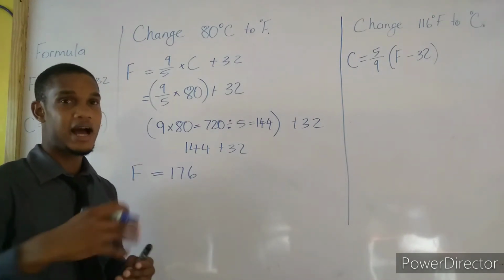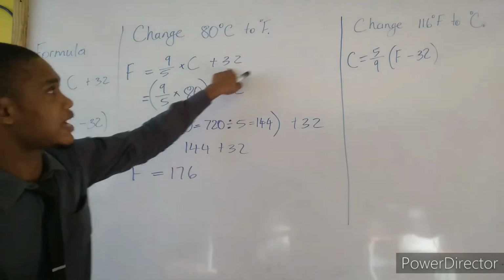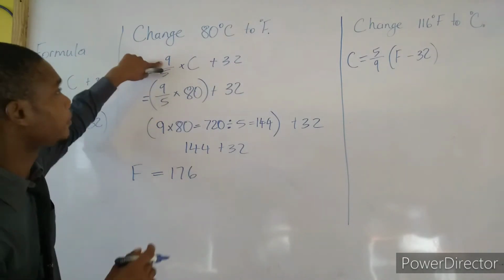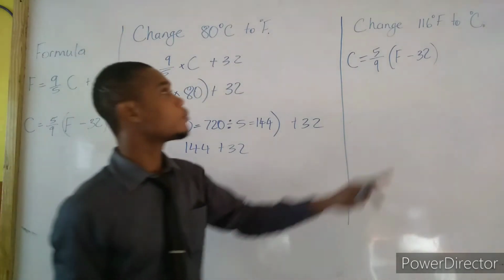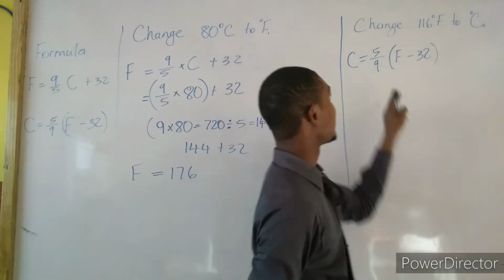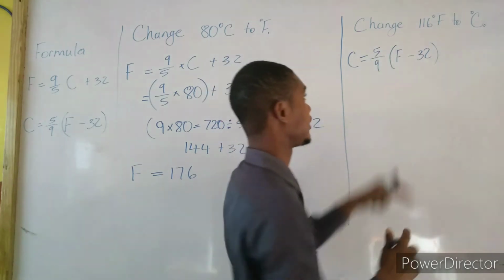So you're technically adding letters of the alphabet to move from C to F, and therefore you must add your 32. And the bigger number should be at the top of the fraction. But when you're moving from F to C, you are moving backwards, and so you should subtract and have the smaller number in your numerator.